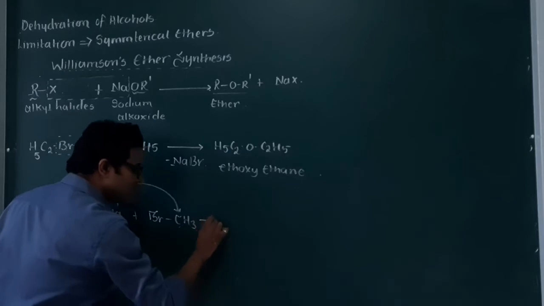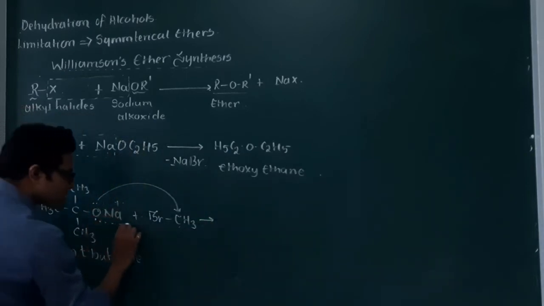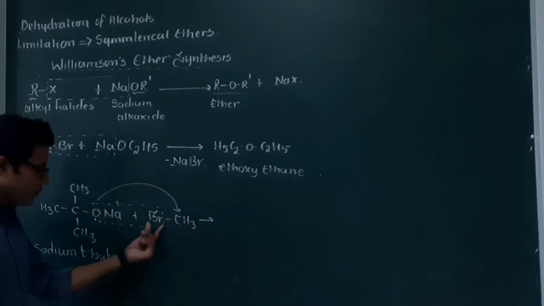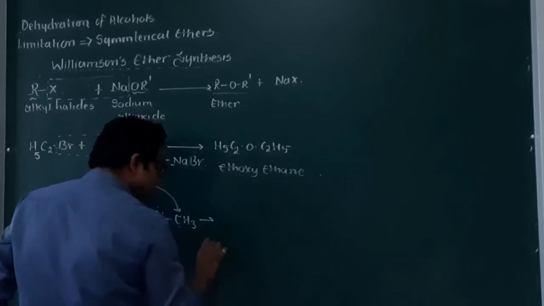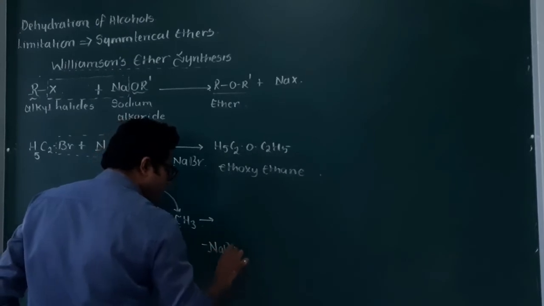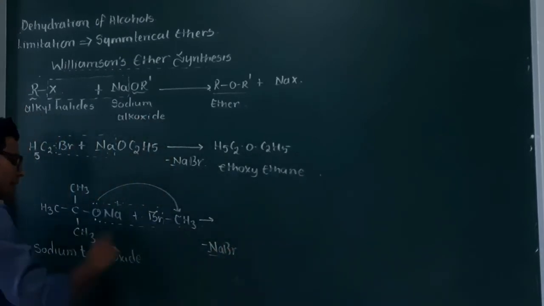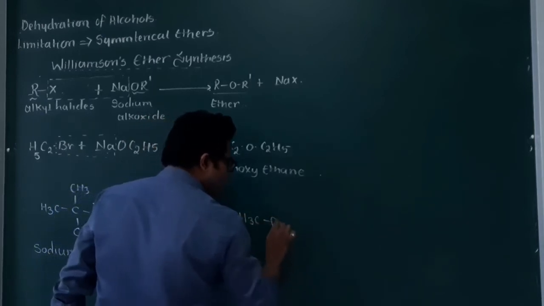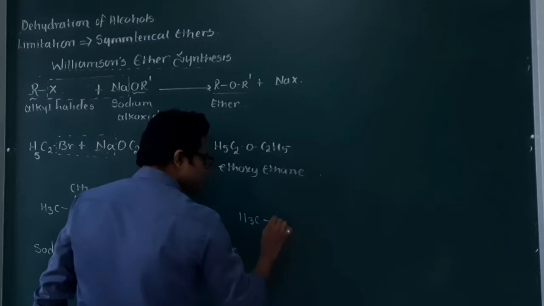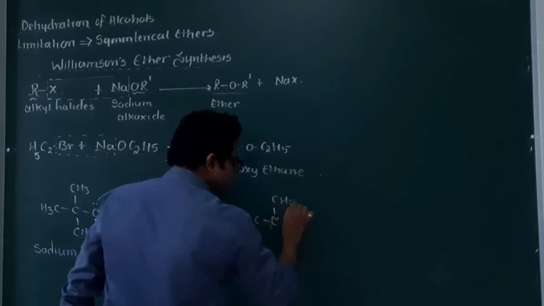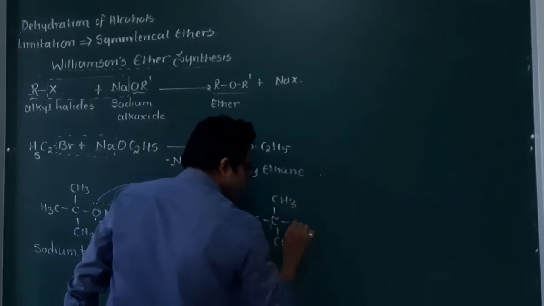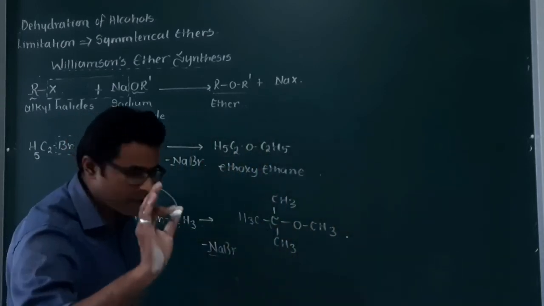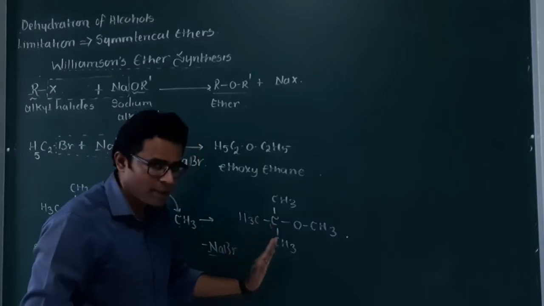When it attacks this carbon, bromine goes out as a good leaving group. Bromine attaches with sodium, giving rise to NaBr. This is a byproduct. Now, what happens next is we get CH3, C, O, CH3 with three methyl groups on the carbon, and oxygen with CH3. Now here, let's try to understand the nomenclature.